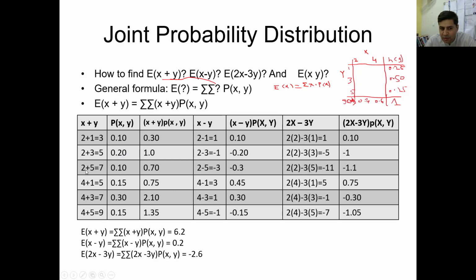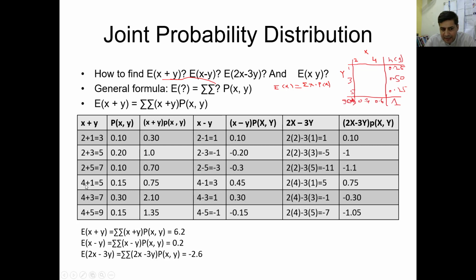Joint probability when x is equal to 2 and y is equal to 5: when x is equal to 2, the value is 0.4, and when y is equal to 5, the value is 0.25. So 0.4 into 0.25, you will get 0.10.